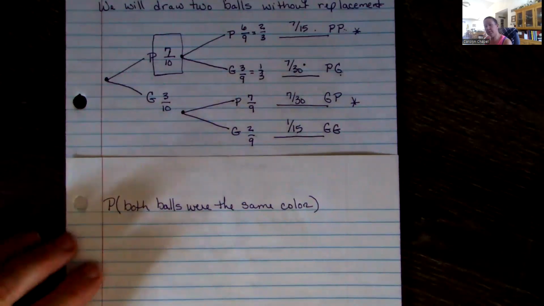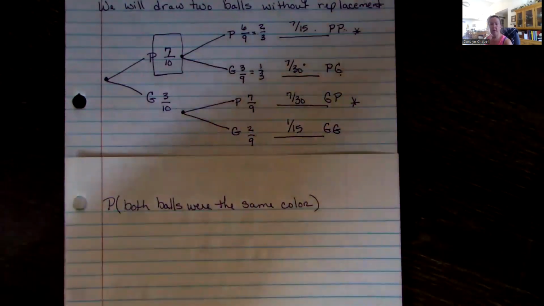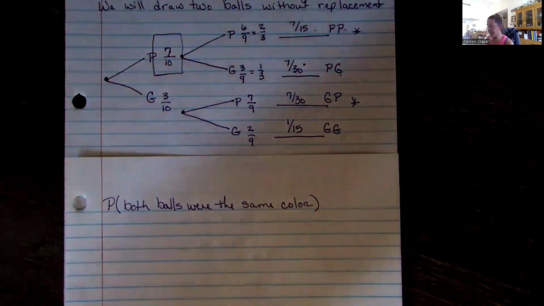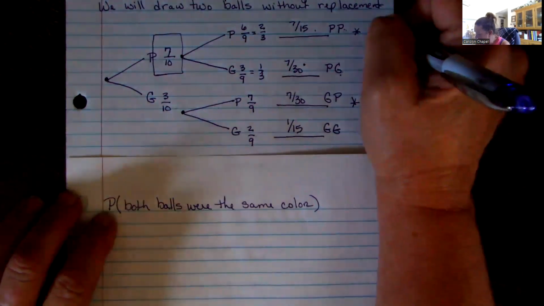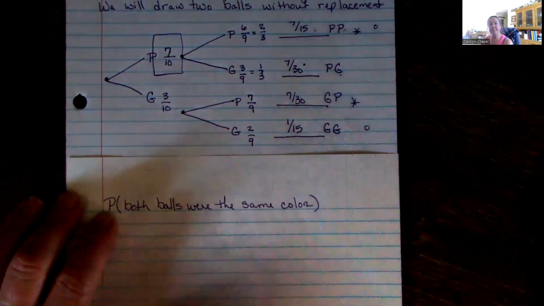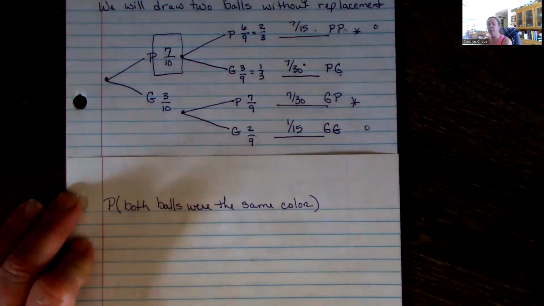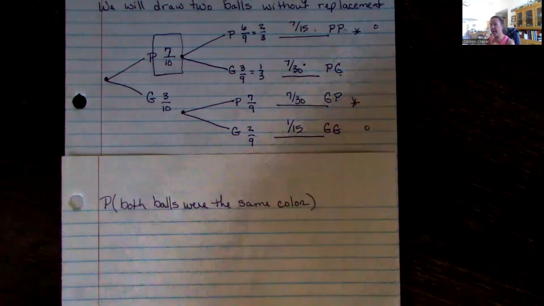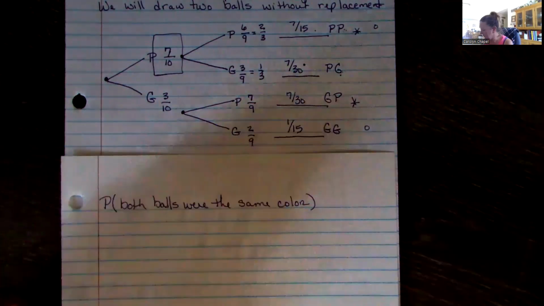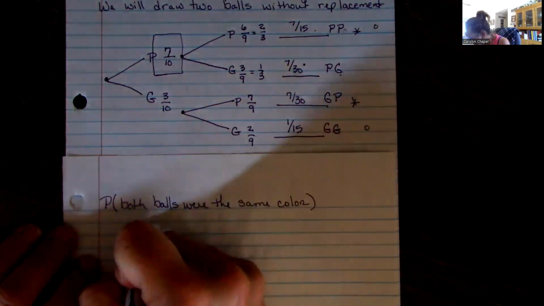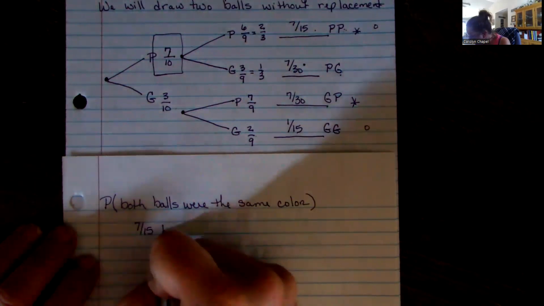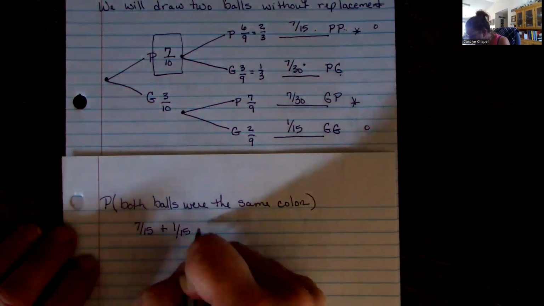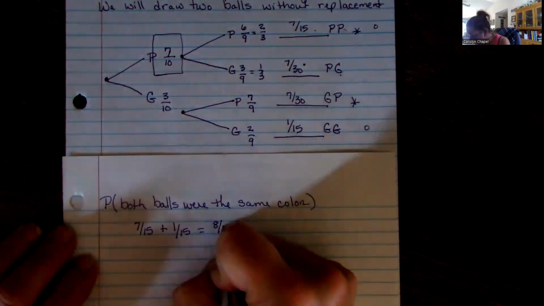That means a purple purple or a green green. So purple purple or my green green. Putting little circles there so I know. And again, these things are disjoint, so we can simply add those probabilities together. So that 7 out of 15 added to our 1 out of 15, which gives me 8 out of 15.